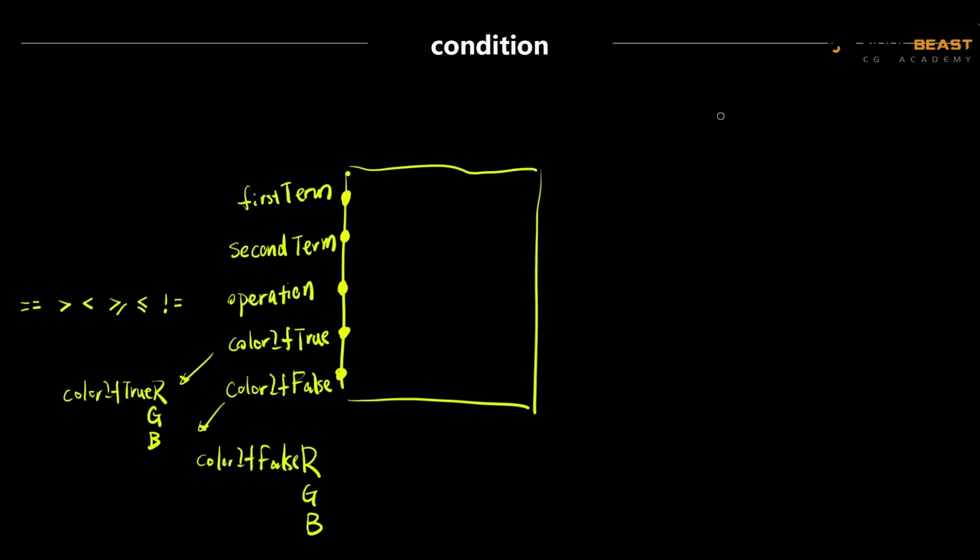So what role do these two attributes play in this node? For this, we have to talk about its output attribute first. Its output attribute is called outColor, and similarly, it's an RGB attribute. Let's use a few simple examples to understand how the condition node works. For example, first term.